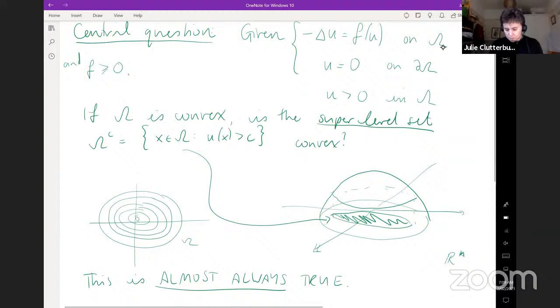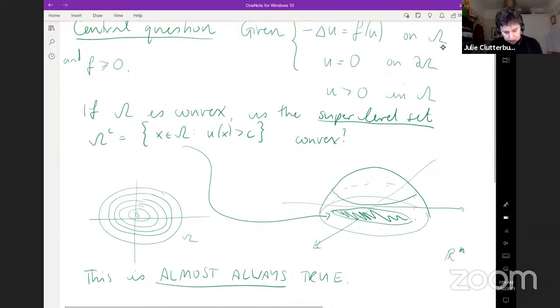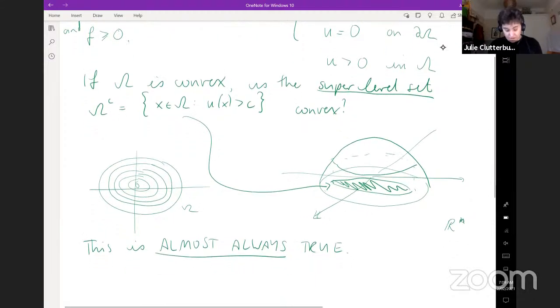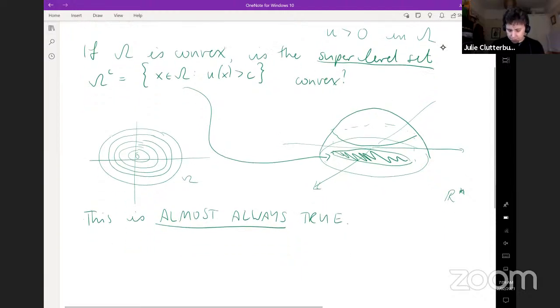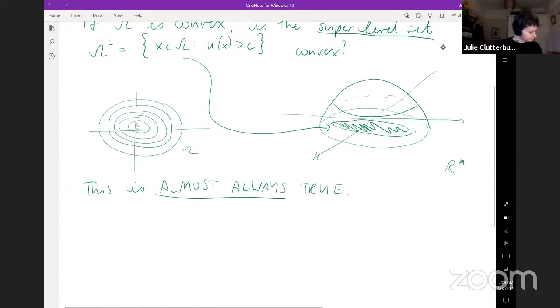Yeah, so we expect our solutions to look something like this, and people have looked at this a fair bit for different values of the right-hand side f, and they've found that, you know, for almost all the f's that they look at, this pretty much always holds. So I'm just going to mention some classic results.